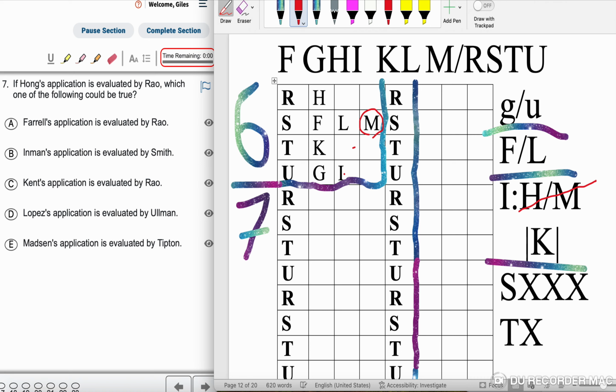So let's see if we can do something with G. G has to be with U. Okay, so then I is going to have to be. To be honest, let's not move M around. Let's grab I, and with I, let's do that coin flip.